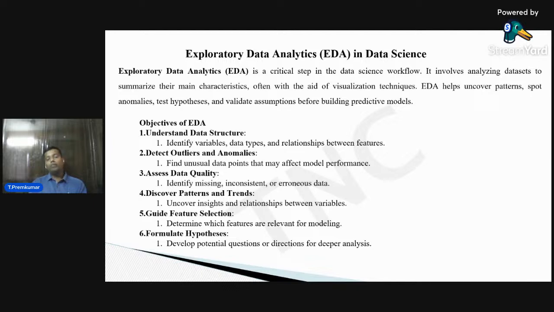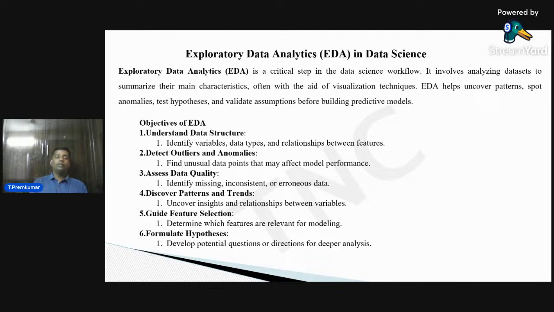When you take the objectives of EDA, we can understand the data structure by identifying the variables, data types, and the relationships between the features. Next is detecting outliers and anomalies, that is, finding unusual data points that may affect model performance. Then assess the data quality, that is, identify missing, inconsistent, or erroneous data.